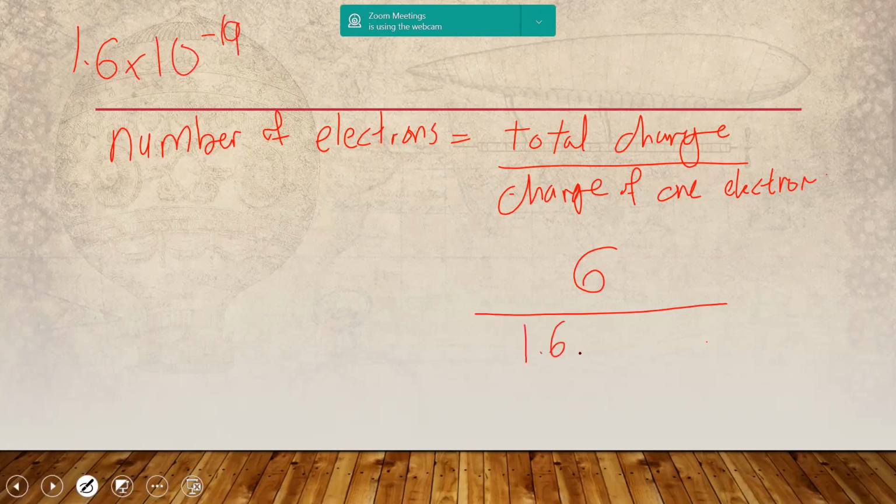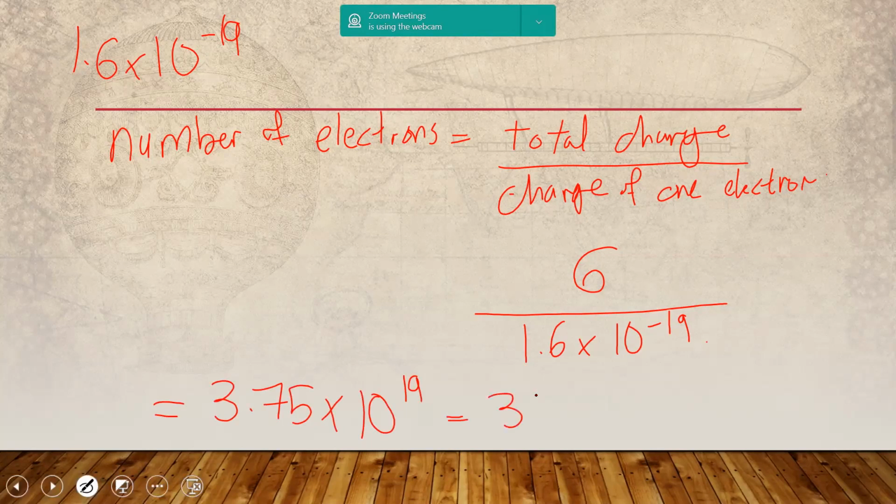So the number of electrons will be 6 over 1.6, which is 3.75 times 10 to the power 19. Or you can say it's 375 times 10 to the power 17.